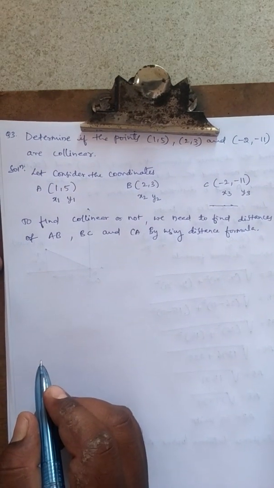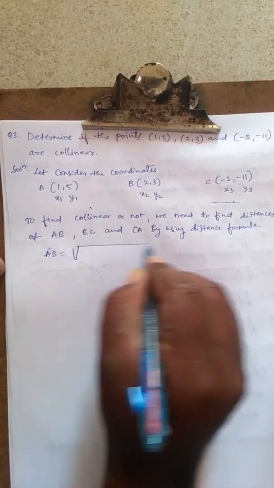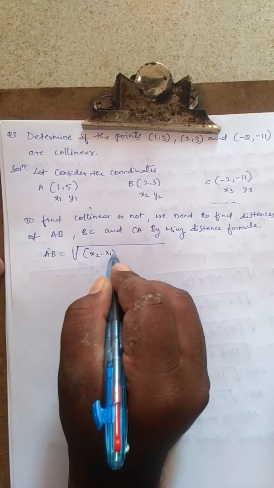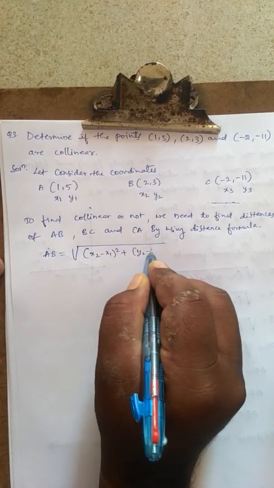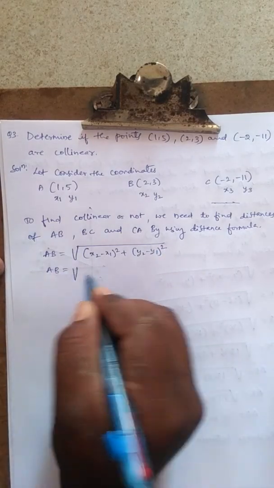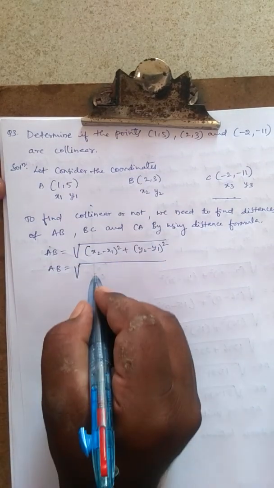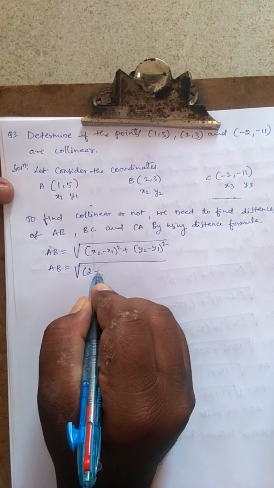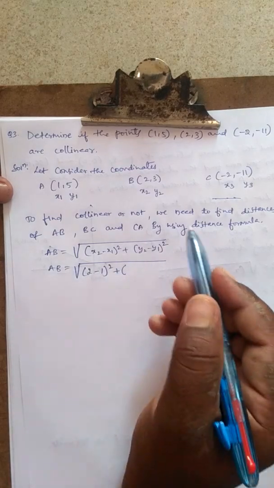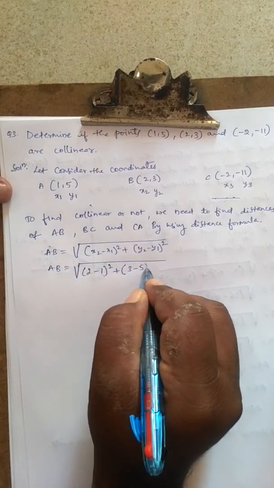So first I am going to find the distance of AB, that is equal to under root x2 minus x1 square plus y2 minus y1 square. So AB is equal to under root x2 is 2 minus x1 is 1 square plus y2 is 3 minus y1 is 5 square.